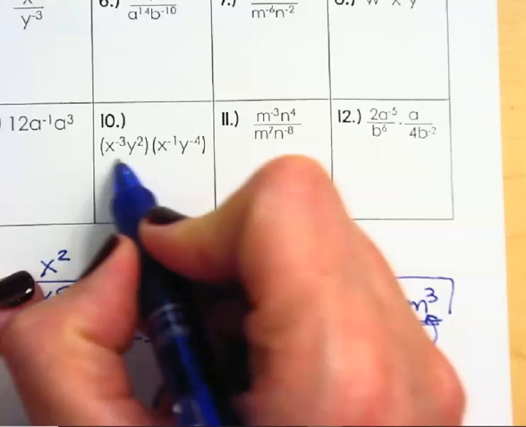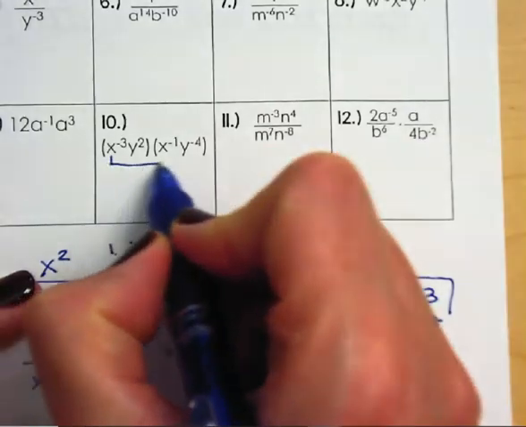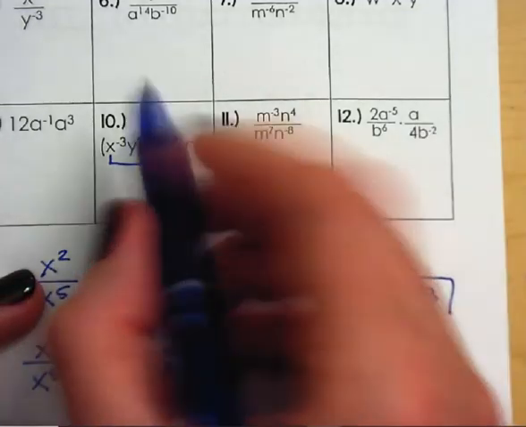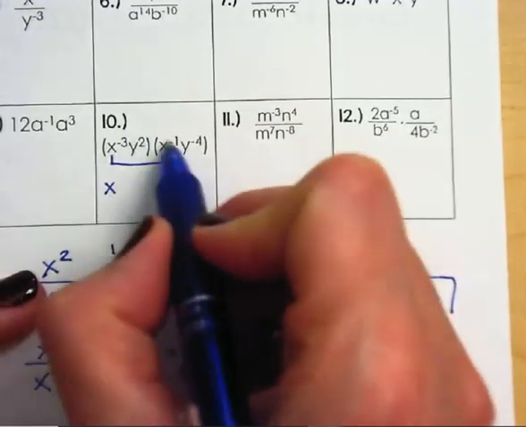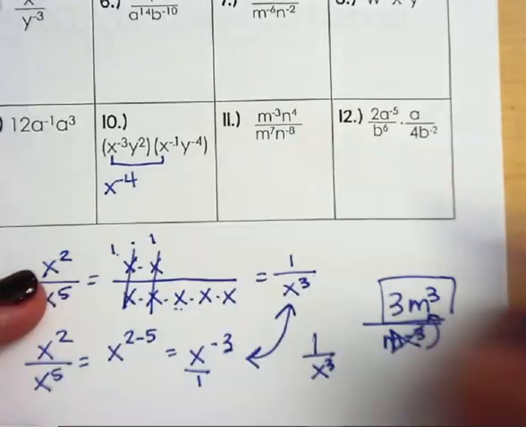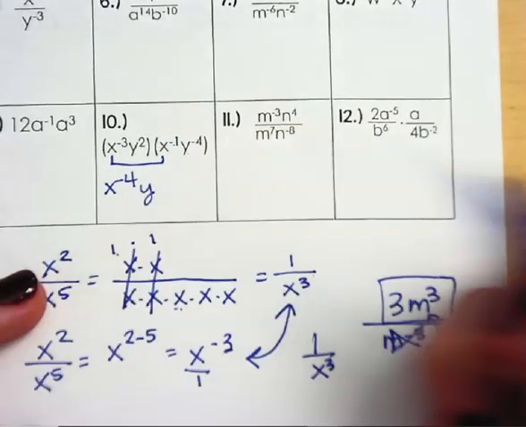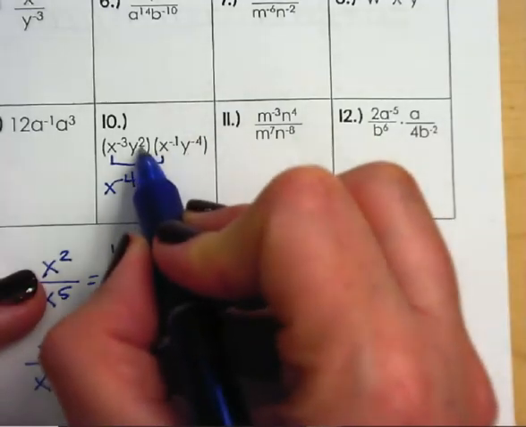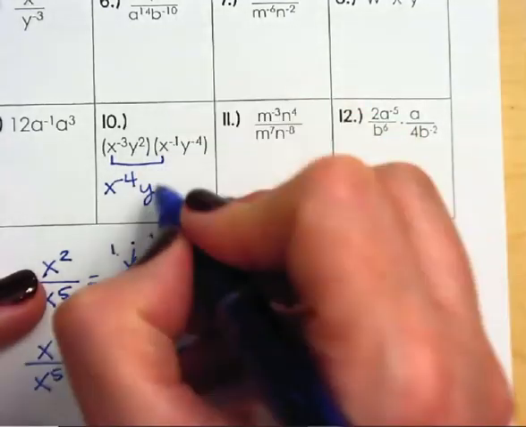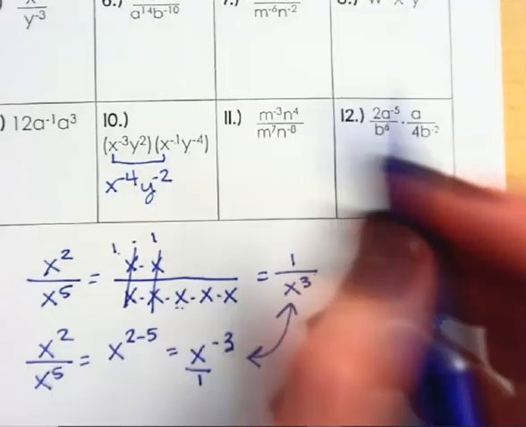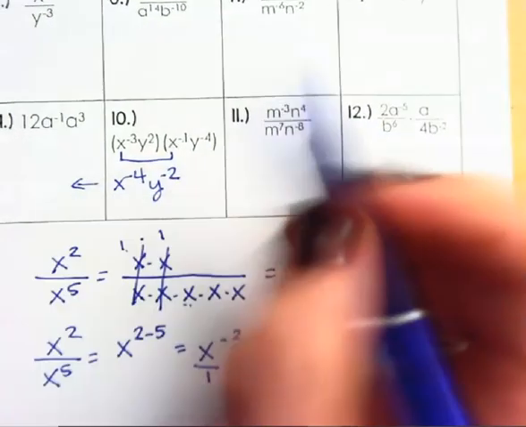So what I would do is first notice that these bases match and they're being multiplied. That means I can add their exponents. So -3 and -1 makes -4. And the y's are the same base also, so I can add their exponents. +2, -4 is -2. So now I've simplified everything down to just 2 bases, and now I'm going to start flipping stuff around.